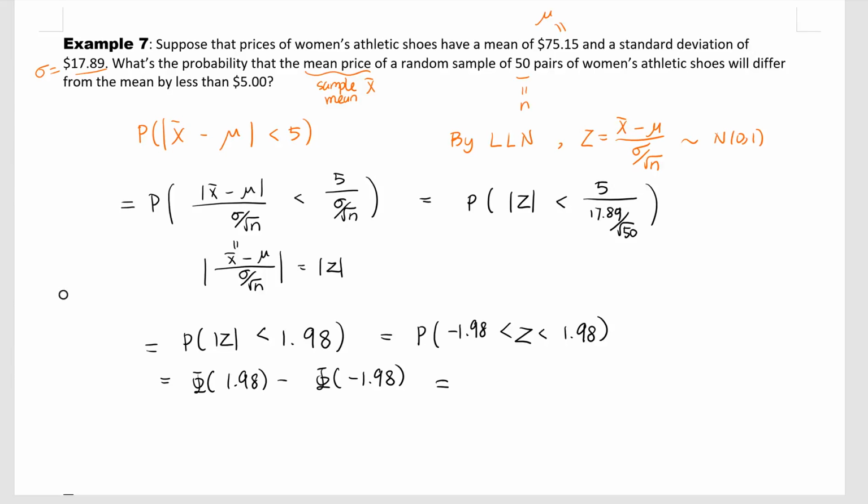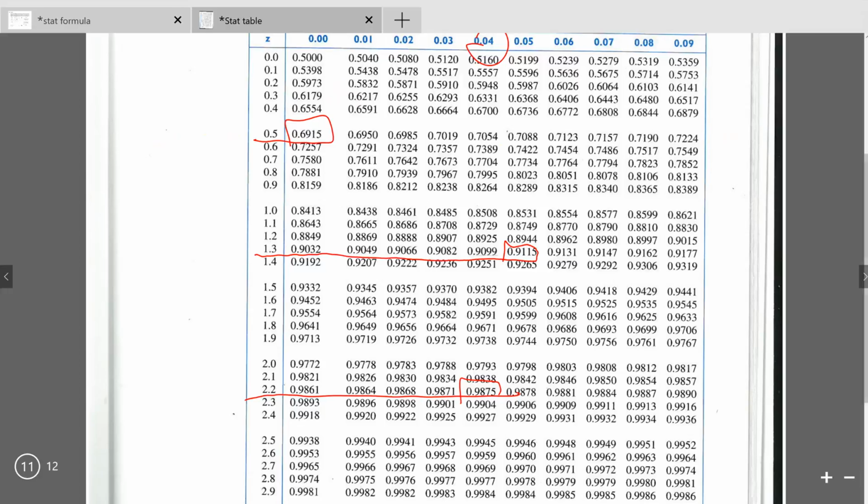Let's find those numbers in our table. 1.98, so 0.9761.